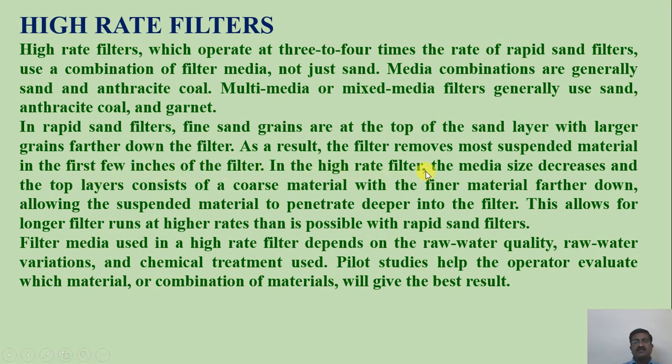In the high rate filter, the media size decreases and the top layers consist of coarse material with the finer material further down, allowing the suspended material to penetrate deeper into the filter. This allows for longer filter runs at higher rates than is possible with the rapid sand filters.